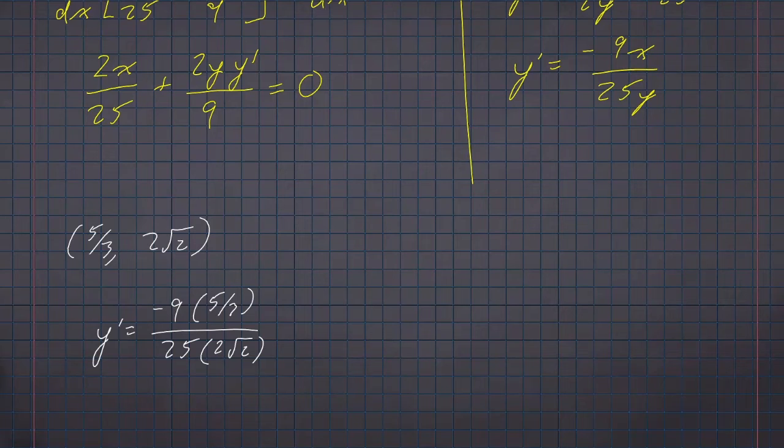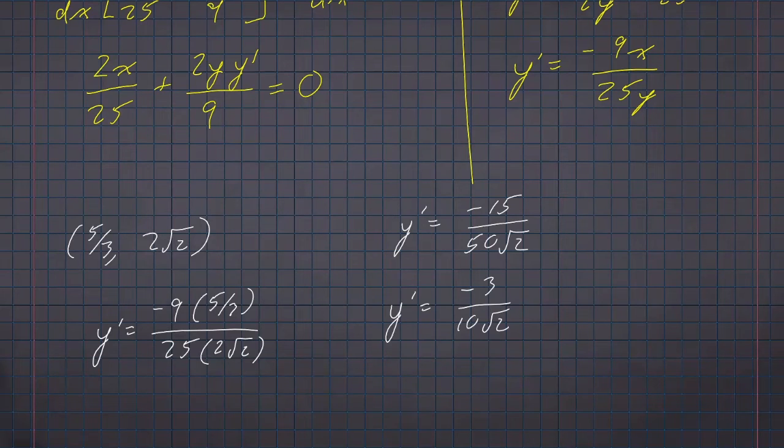Right? Negative 9 times 5/3 is negative 15. 25 times 2 is 50. So y prime is negative 15 over 50√2. Divide numerator and denominator by 5 gives me negative 3 over 10√2.